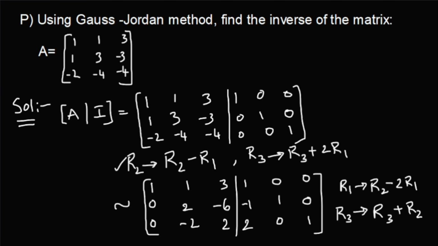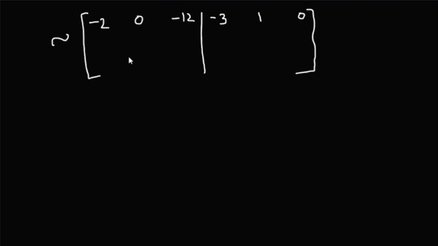So if you apply these two operations, what we are going to get is minus 2, 0, minus 12, minus 3, 1, 0, 0, 2, minus 6, minus 1, 1, 0, and 0, 0, minus 4, 1, 1, 1. So this is what we are going to get after these two operations.